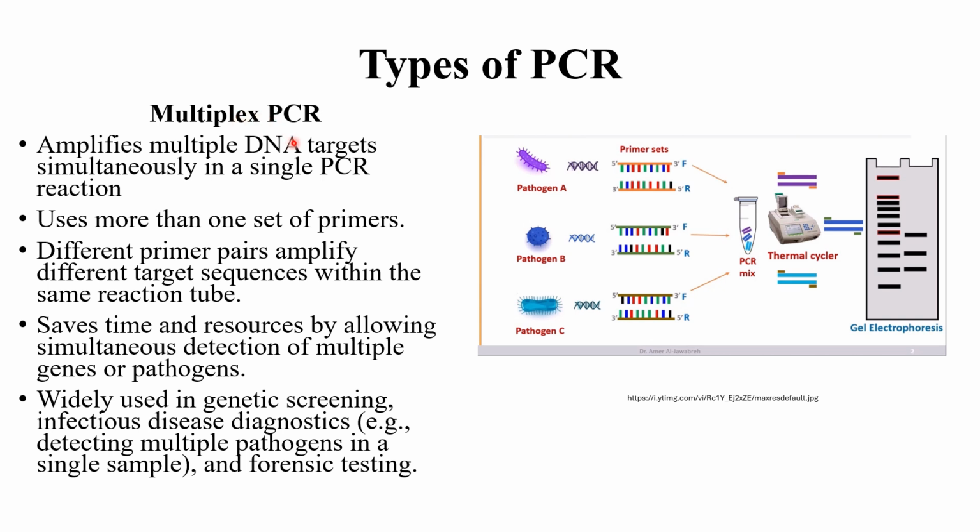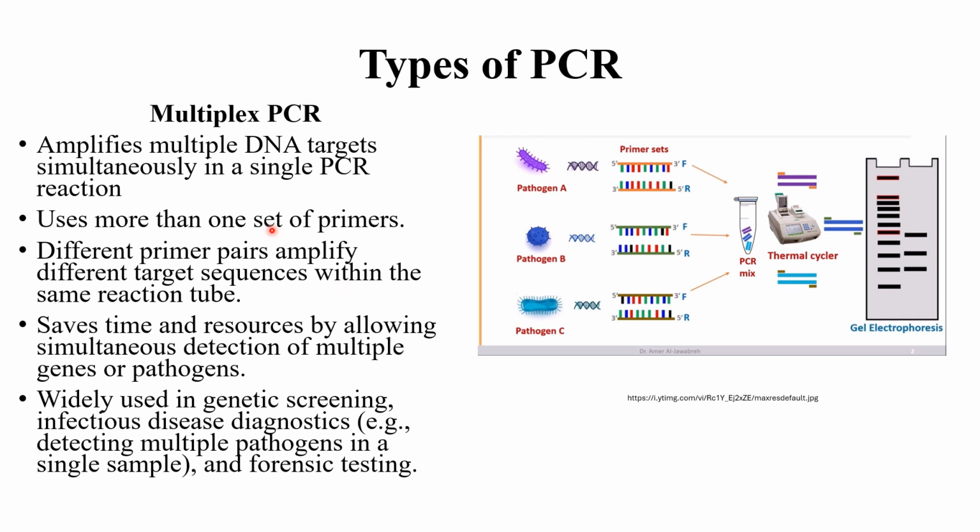So a multiplex PCR amplifies multiple DNA targets simultaneously in just one PCR reaction. What makes this possible is that we add more than one set of primers. In that particular sample, we add more than one set of primers, and each different primer will amplify the target sequence within the same reaction tube.